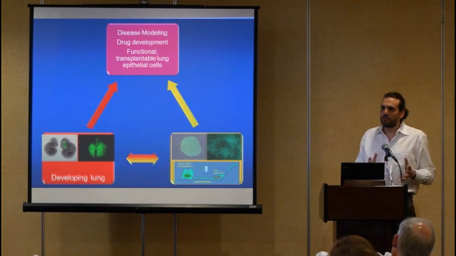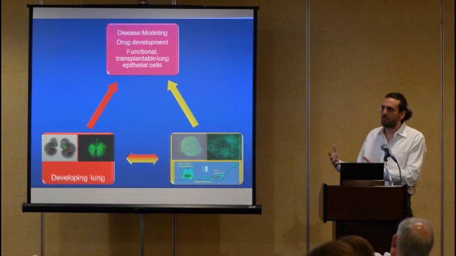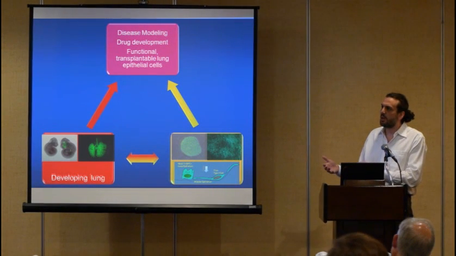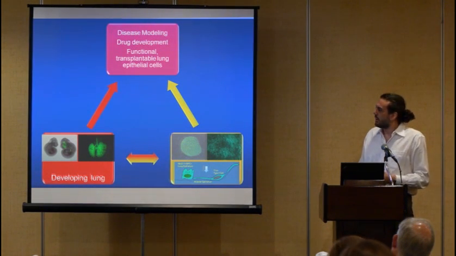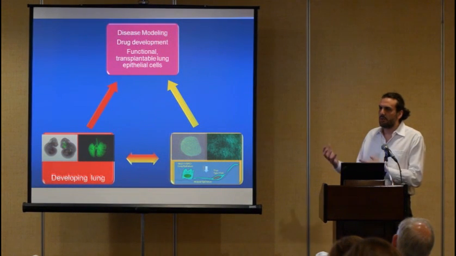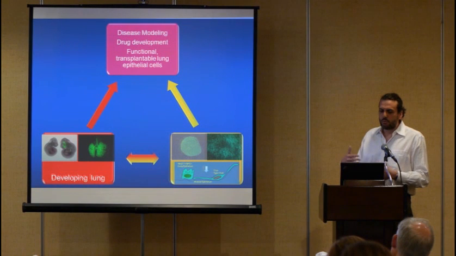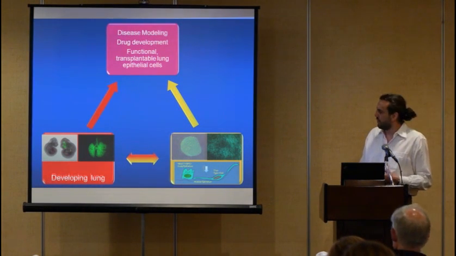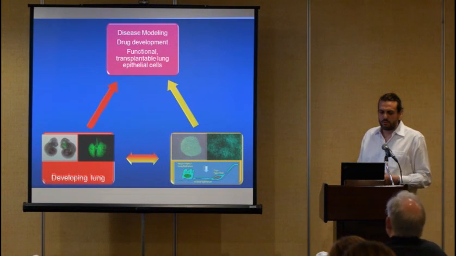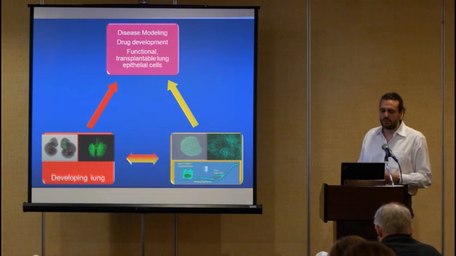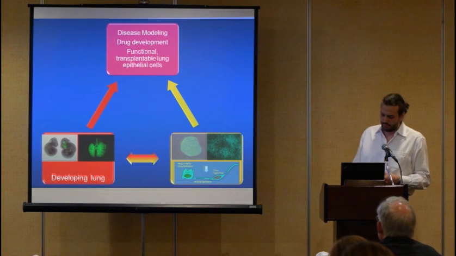So we start from the mouse, we develop our protocols in the mouse system because it's easier, and then we can apply them in the human system and derive human lung epithelial cells and try to do what I just said: disease modeling, drug development, and also derive functional transplantable lung epithelial cells.